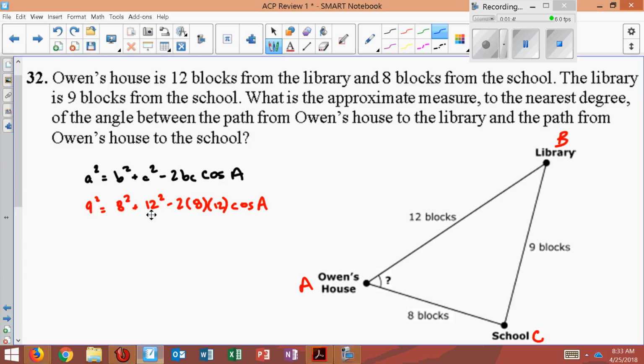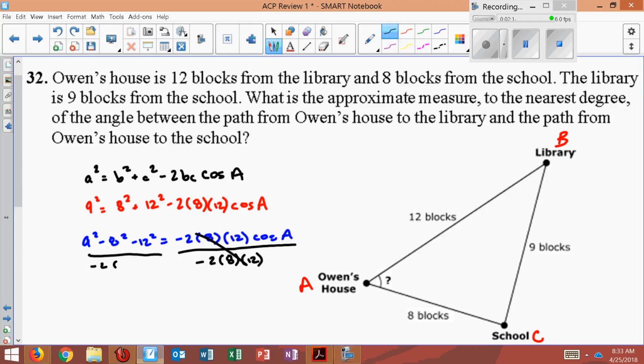Well, you would first subtract these over, so I'd have 9 squared minus 8 squared minus 12 squared equals negative 2 times 8 times 12 times the cosine of A. And now to get cosine by itself, I would divide by negative 2 times 8 times 12.